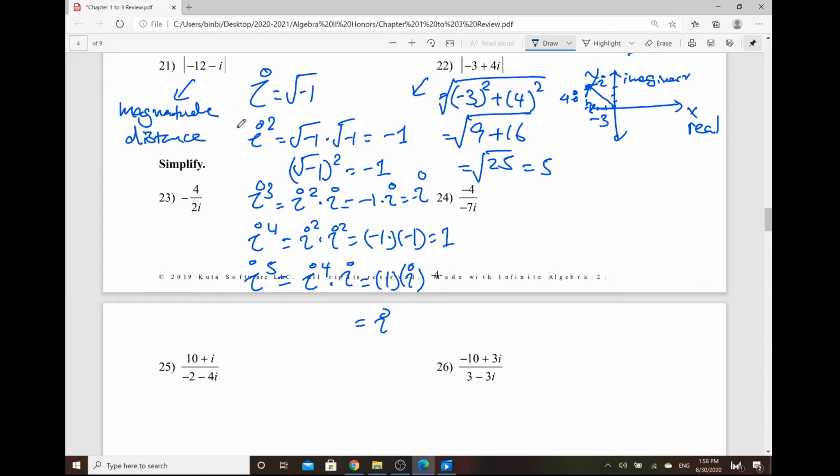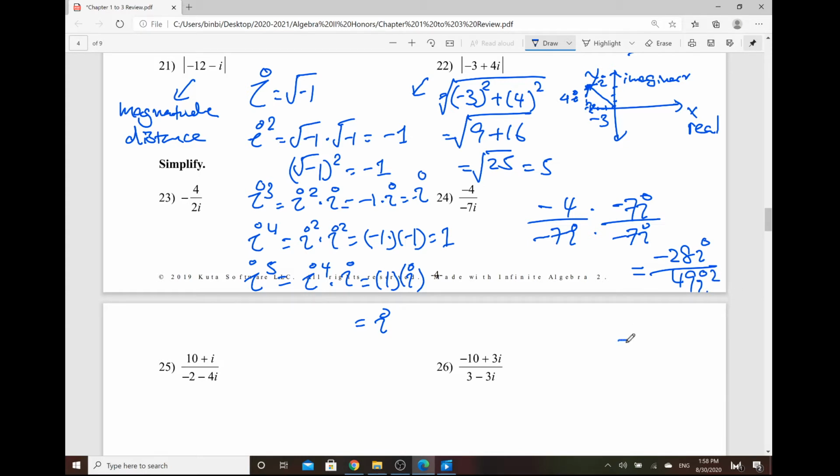Now, what about simplifying an imaginary expression? The way to do it, if the denominator is a monomial, is to multiply the top and the bottom by the same denominator, -7i. Or basically you can just multiply by i, top and bottom. You can do it either way. So -28i over the denominator, which would be 49i squared.